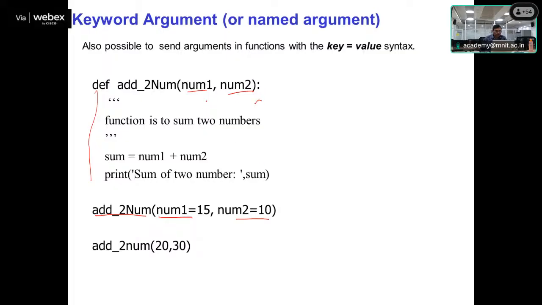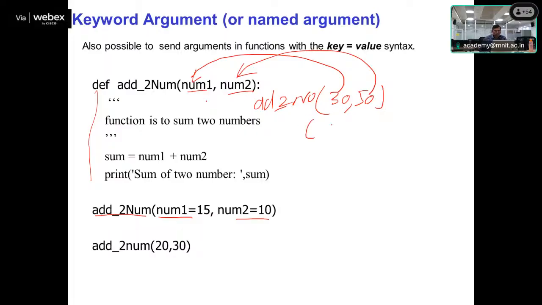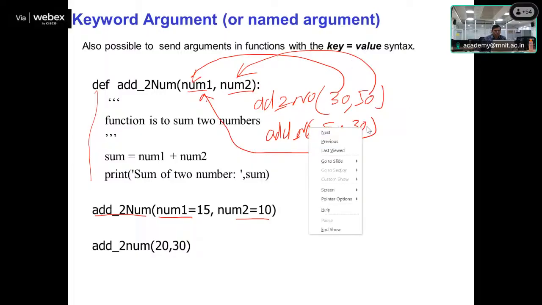Remember, when we call the function add two num, the order in which we give the arguments matters: the first will be taken as the first parameter, the second as the second parameter. If we interchange the numbers as 50, 30, then 50 will be assigned to number 1 and 30 will be assigned to the parameter variable number 2.